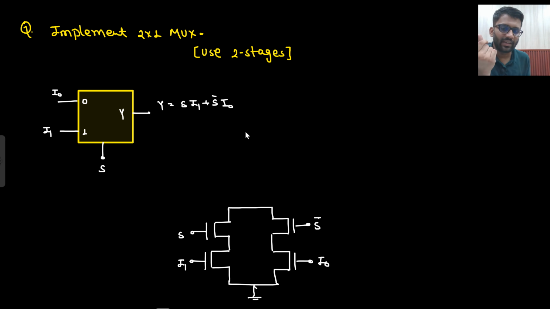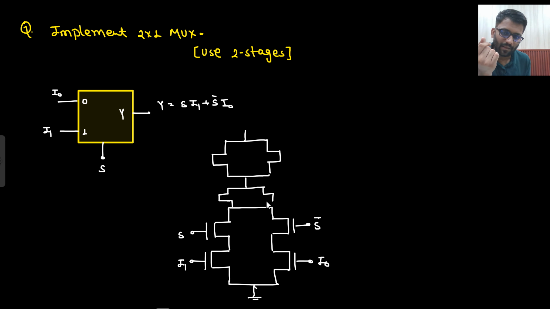Now I just need to make the same kind of diagram, right? I need to make the PMOS logic as well. So this is the PMOS logic I am drawing.